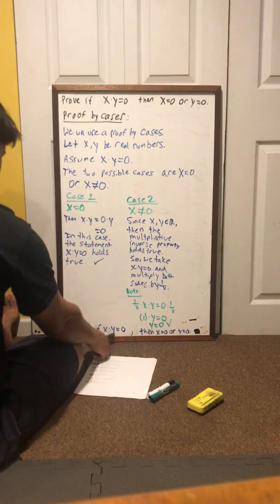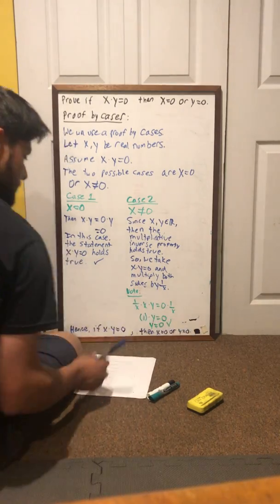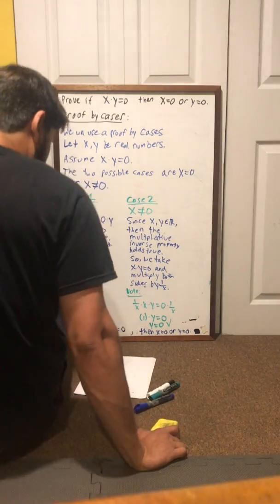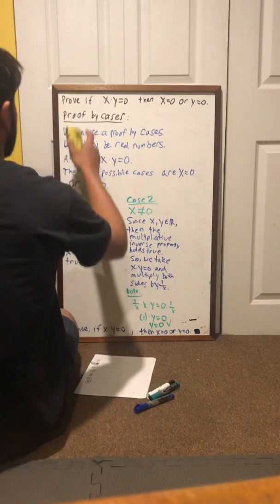Hence, if x times y equals 0, then x equals 0 or y equals 0. Let's move on to number 5.